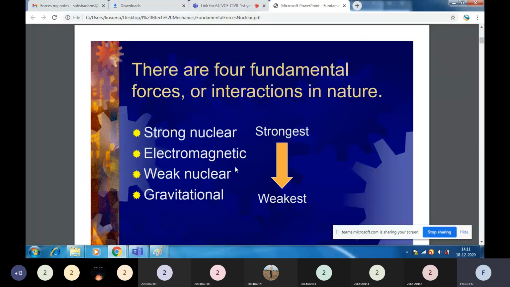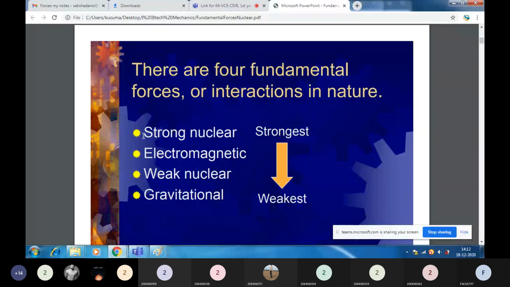If you are moving downwards, the second one is the electromagnetic force, the third one is the weak nuclear force, and the fourth one is the gravitational force. Here we have arranged the 4 types depending on the amount of force.